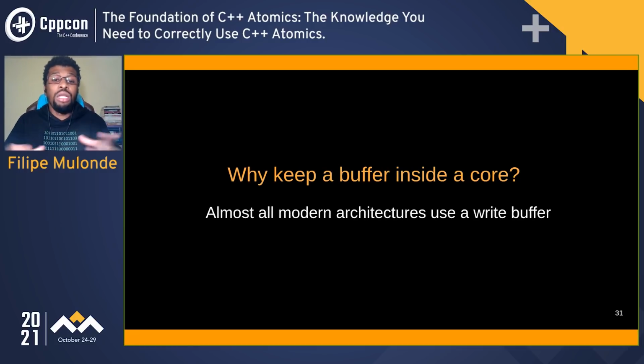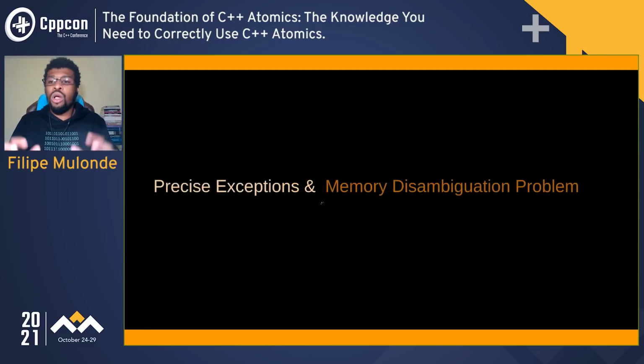As I said, almost all modern architectures use such a buffer. So this buffer has influenced the memory model of almost all modern computer architectures that we have today. One of the reasons why some architectures use these buffers is to provide precise exceptions and to help solve the problem of memory disambiguation on an out-of-order processor.